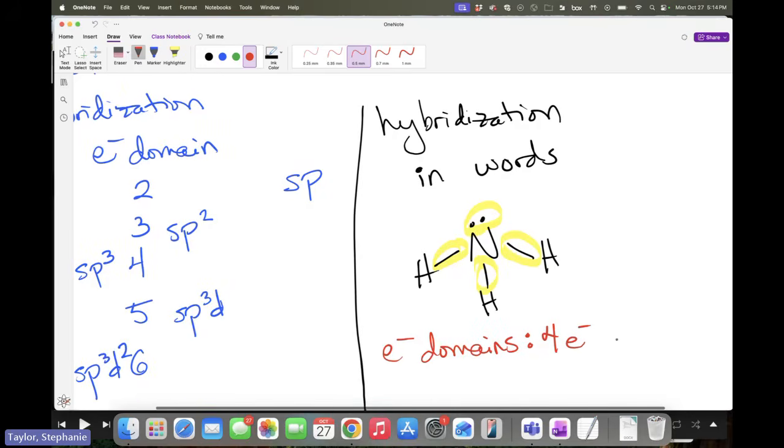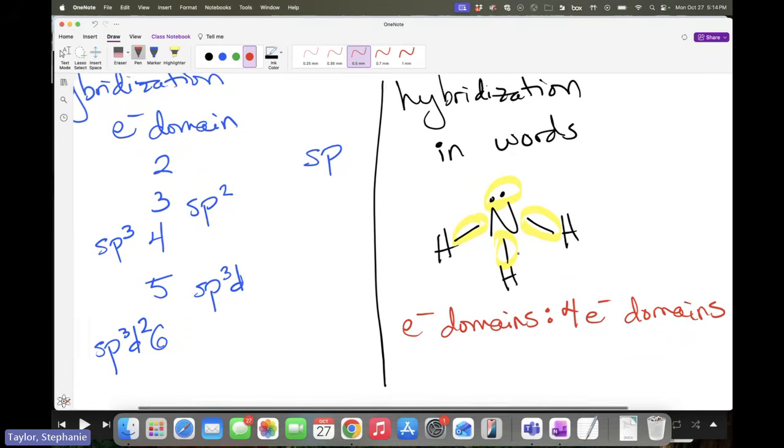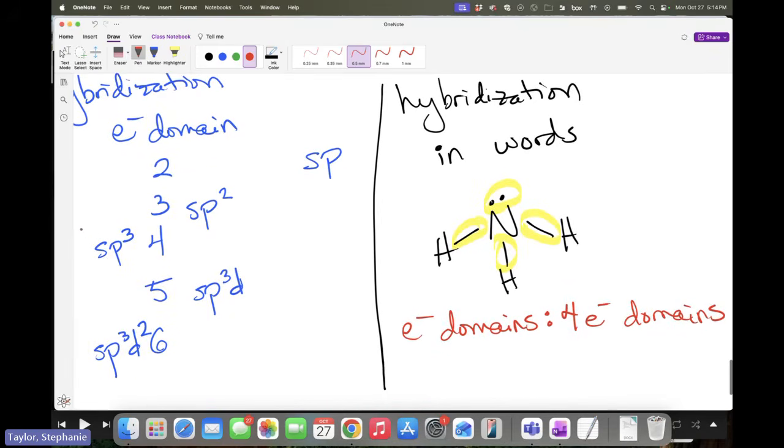Each bond counts as one, the lone pair counts as one, so there are four electron domains. Four electron domains is sp3 hybridized. There might very well be a question that just asks for the hybridization on the nitrogen atom, and we would be done. It would be sp3 hybridized.